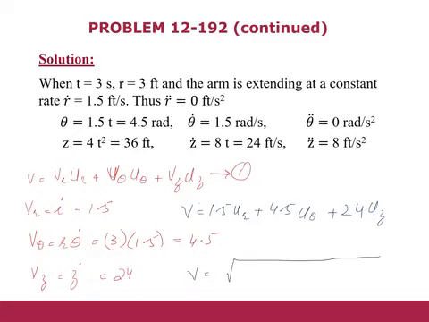taking the square root of the sum of the squares of these components. So this is 1.5 square plus 4.5 square plus 24 square, and after solving you will get 24.5 feet per second.